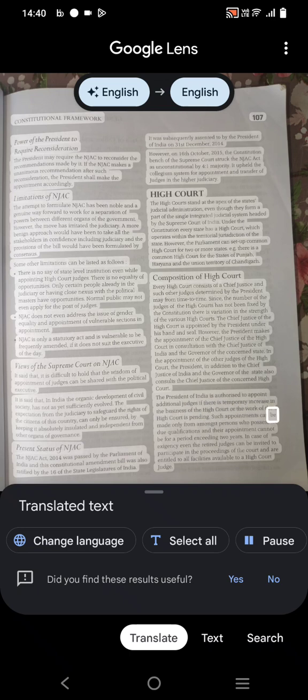Such appointments can be made only from amongst persons who possess due qualifications, and their appointment cannot be for a period exceeding 2 years. In case of exigency, even retired judges can be invited to participate in the proceedings of the court and are entitled to all facilities available to a high court judge.